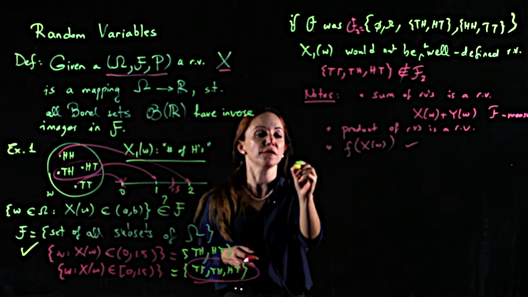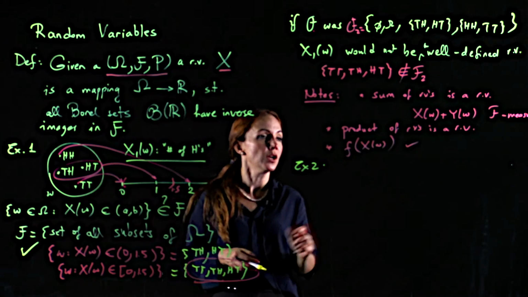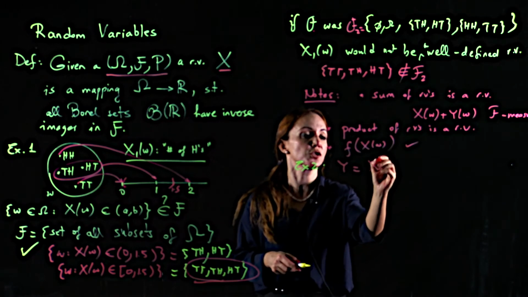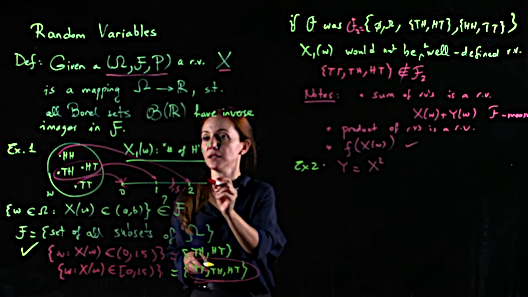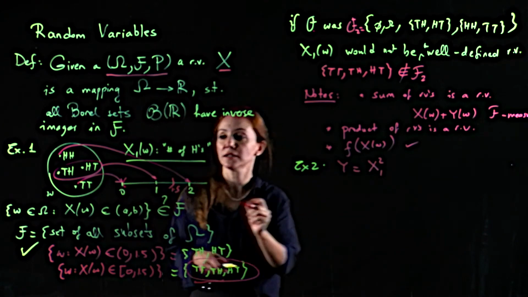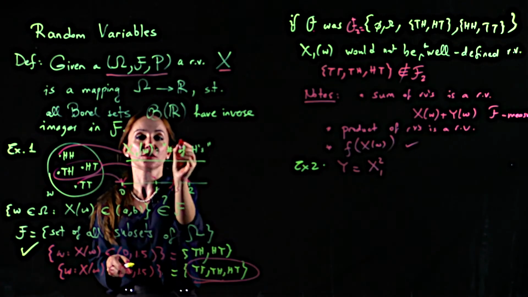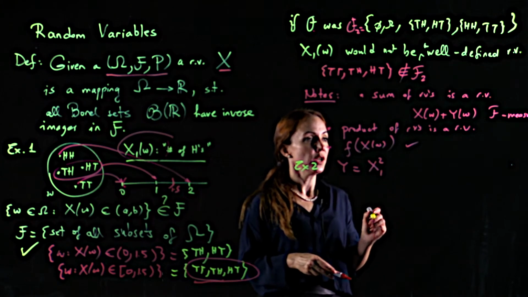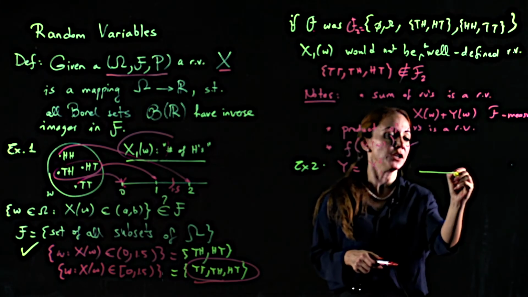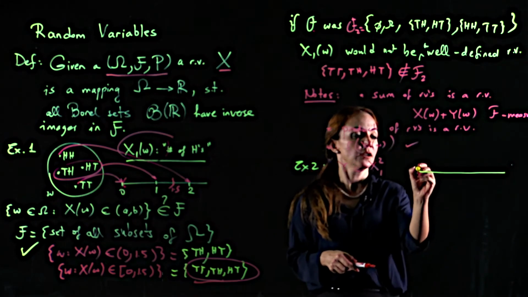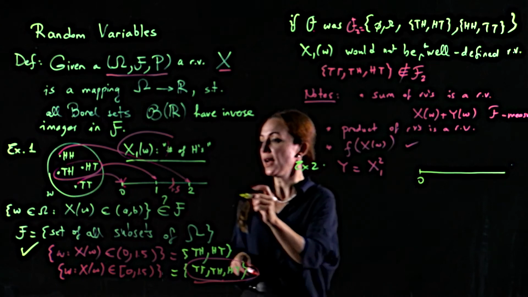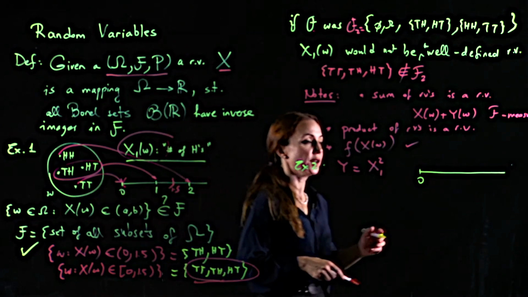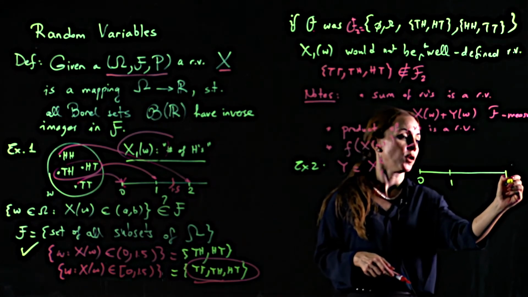Let's see an example of a function of a random variable. Suppose Y is defined as X1 squared, where X1 is the random variable that we defined here. In this case, what is the range of Y? Well, when X1 is 0, Y is 0, X1 is 1, Y is 1. When X1 is 2, Y is 4.